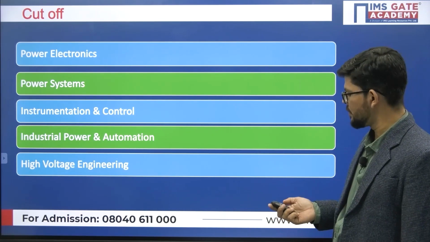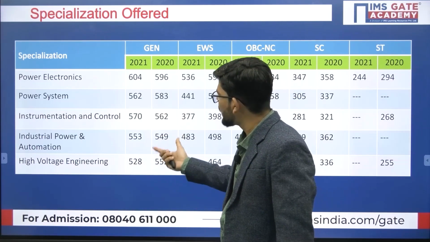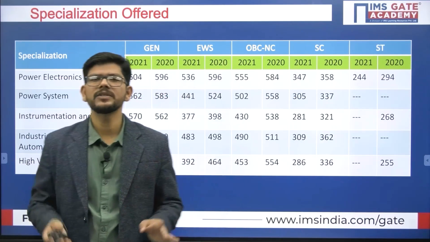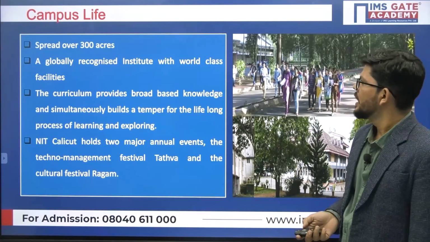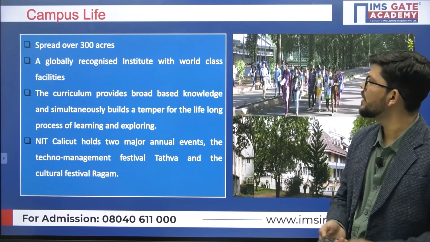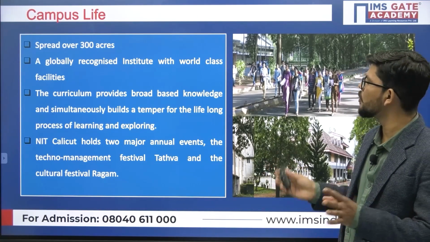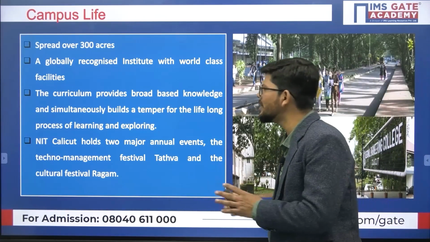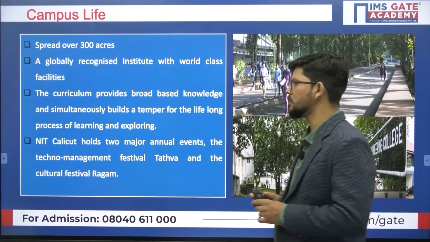Talking about the cutoffs, if your score is above 550, then you have a great chance of getting admitted into NIT Calicut. Their campus has spread over 300 acres of land. The curriculum provides broad-based knowledge and simultaneously builds a temper for the lifelong process of learning and exploring.